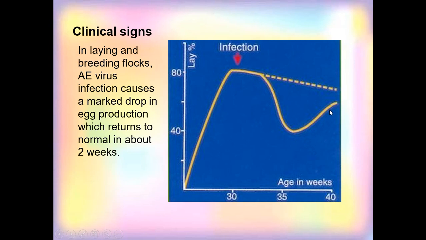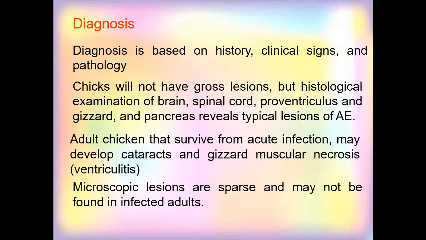This is not specific, but if we see a sudden decrease of egg production, in particular around 30 weeks old chickens, and then it increases slowly and returns to normal, it might be due to AE, but most of these phenomena cannot be seen properly.